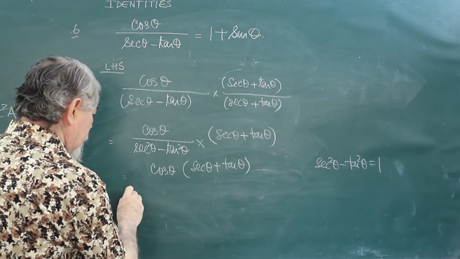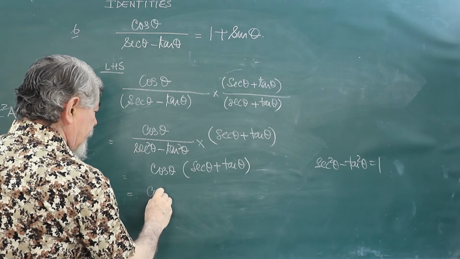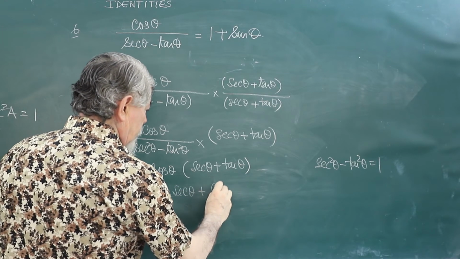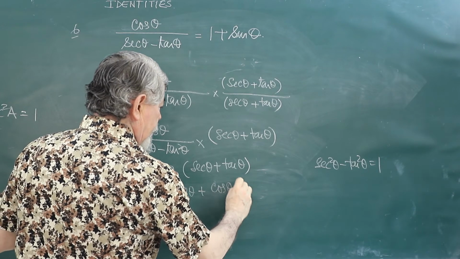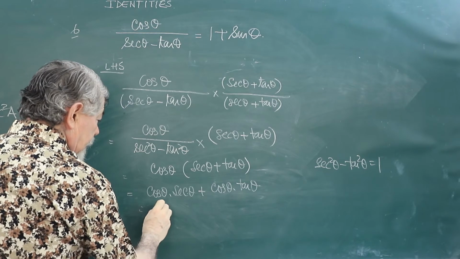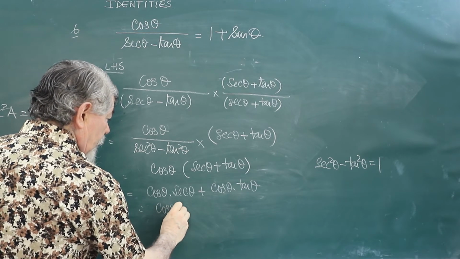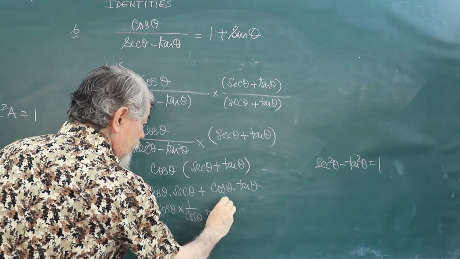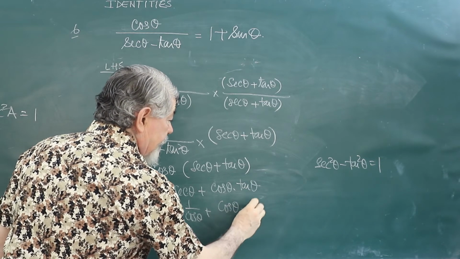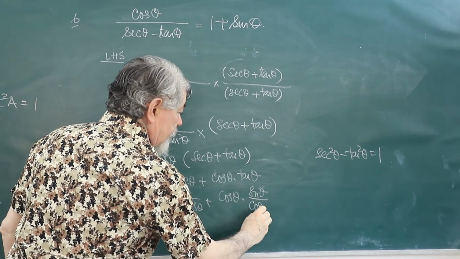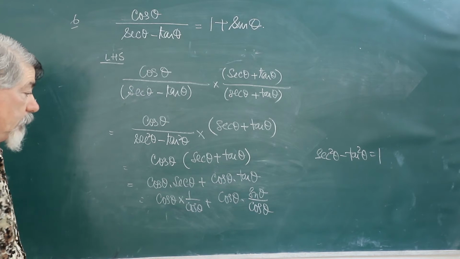Now let us open this bracket. Cos theta into sec theta plus cos theta into tan theta. Now these are reciprocals, so cos theta, sec theta can be 1 upon cos theta. Tan theta can be written as sin theta upon cos theta.